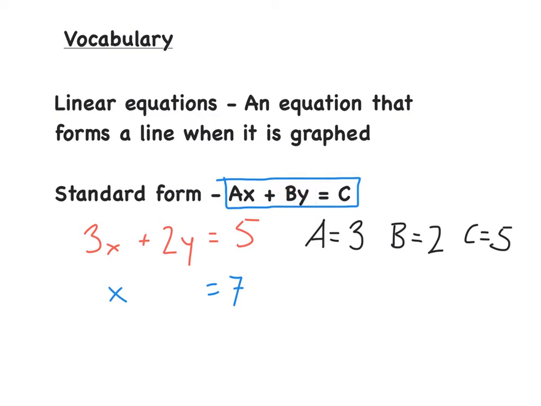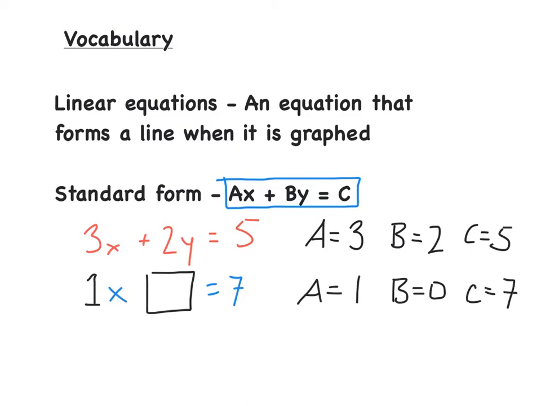In this case, a is equal to 1, because remember, there's always a number 1 in front of any variable. So b is equal to 0, since we don't really have a b. If there's nothing there, then b is equal to 0, and c is equal to 7.